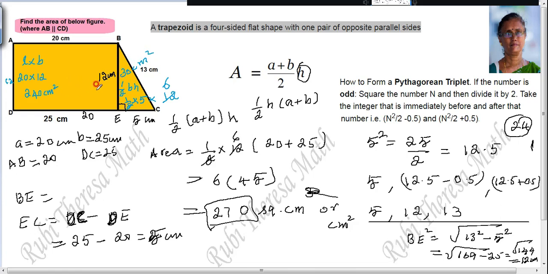So now you add it: area of the rectangle plus area of the triangle. 240 plus 30 gives you 270 centimeter square.